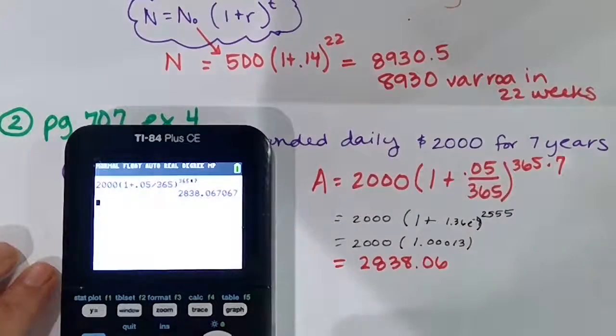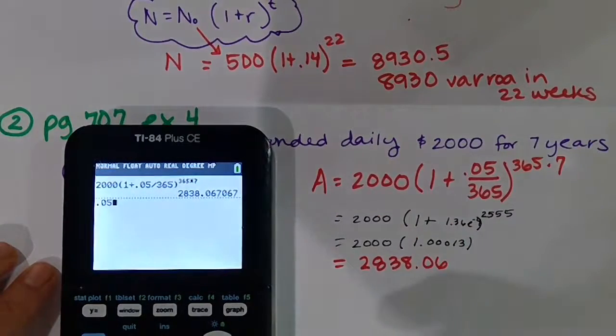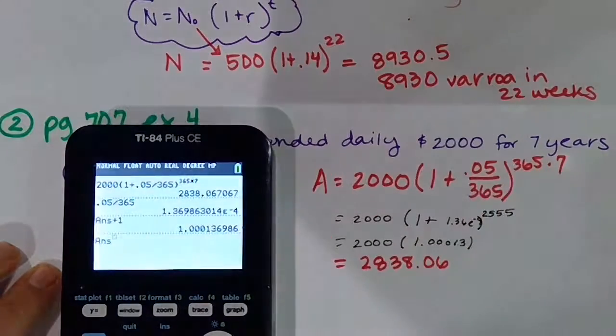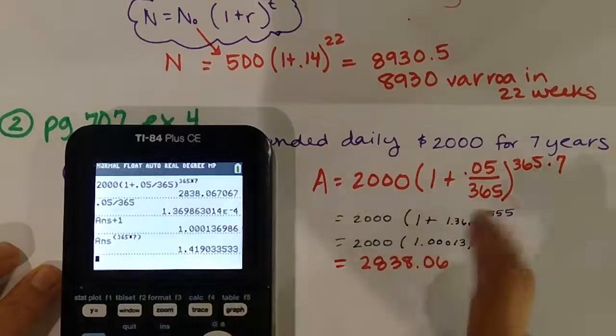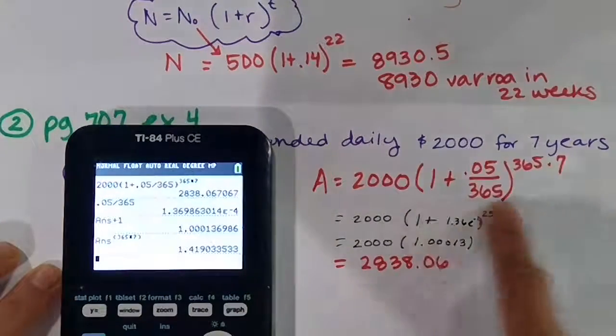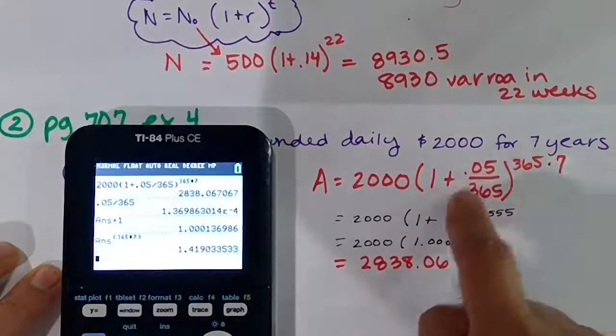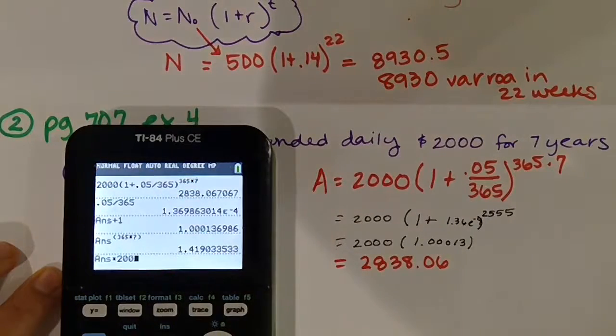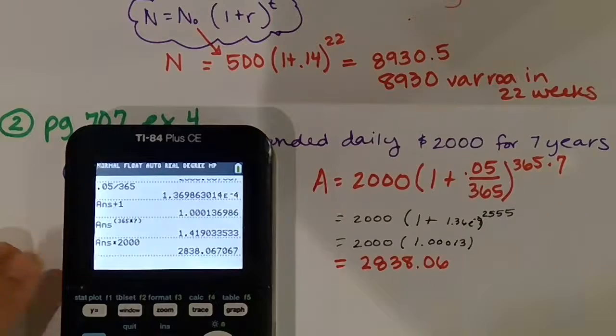So you could do 0.05 divided by 365, add 1 to it, get your answer, raise it to, if you didn't know, 365 times 7, whatever that is. And then after you have all of that simplified first, remember parentheses, exponents, then multiply it to your final answer. All right, and that's how you would do it, like if you were using your cell phone as a calculator.